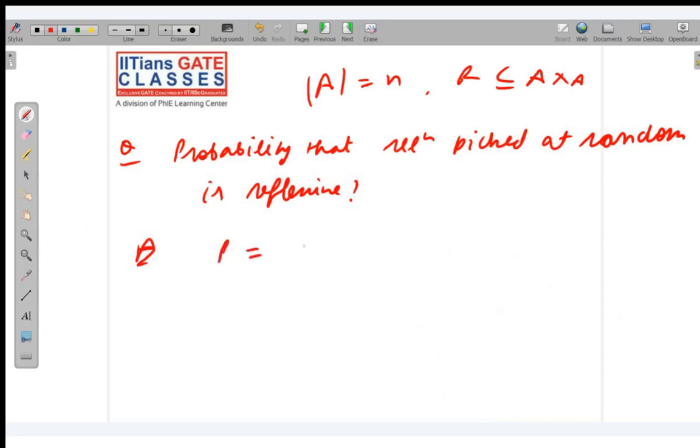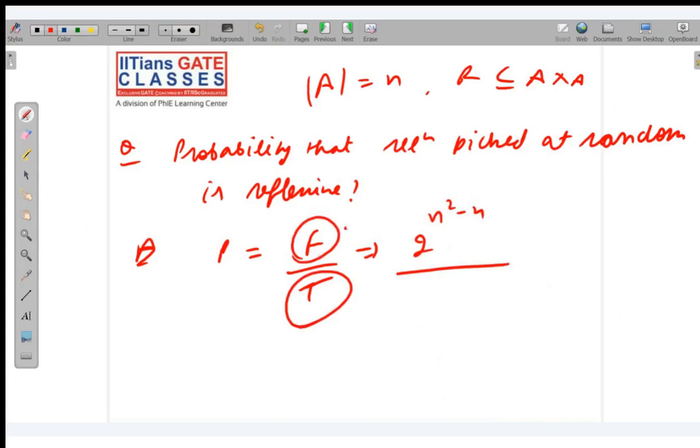Probability means favorable outcomes upon total outcomes. How many are reflexive? 2 power n square minus n. How many are the total relations? 2 power n square. So what will be the answer? 1 upon 2 power n. Any doubt? 2 power n square will cancel out, and 2 power minus n is there, so it will come down.